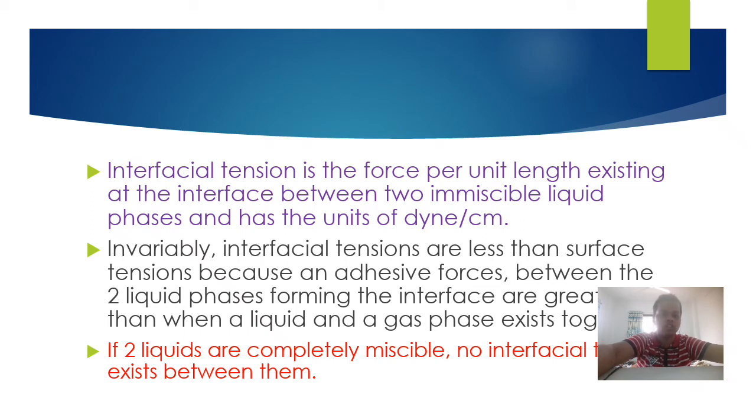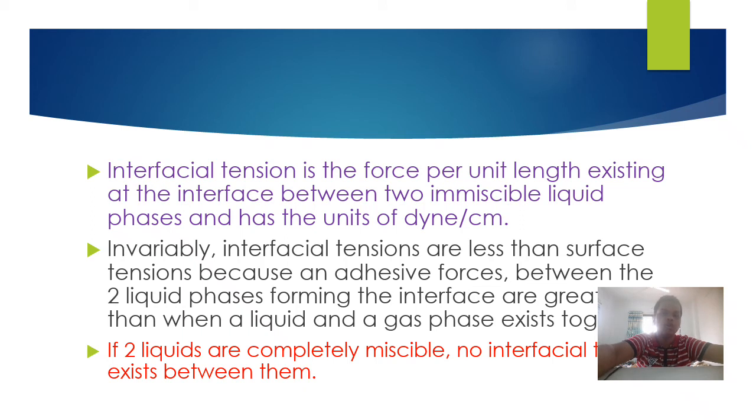So interfacial tension is less than surface tension, and here we have stated the reason why: the adhesive forces between the two liquids forming the interface are greater. So whenever there are two liquids and there is an interface between them, their interaction is far greater than that of the interface formed between a liquid and a gaseous phase.